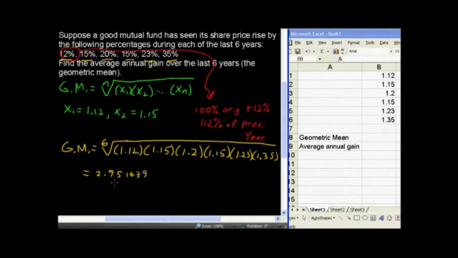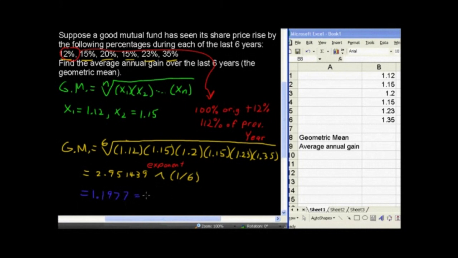Now, if you were to type this in your scientific calculator, you would use the caret key, that's the power of, and then parentheses 1/6. Just to be clear, the 1/6 is an exponent. So this caret key means to the power of. Now, the result that you get would be 1.1977.